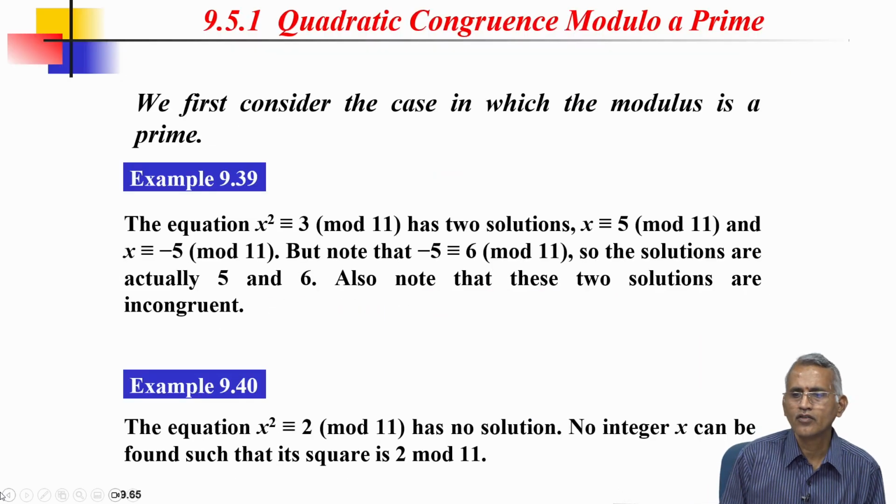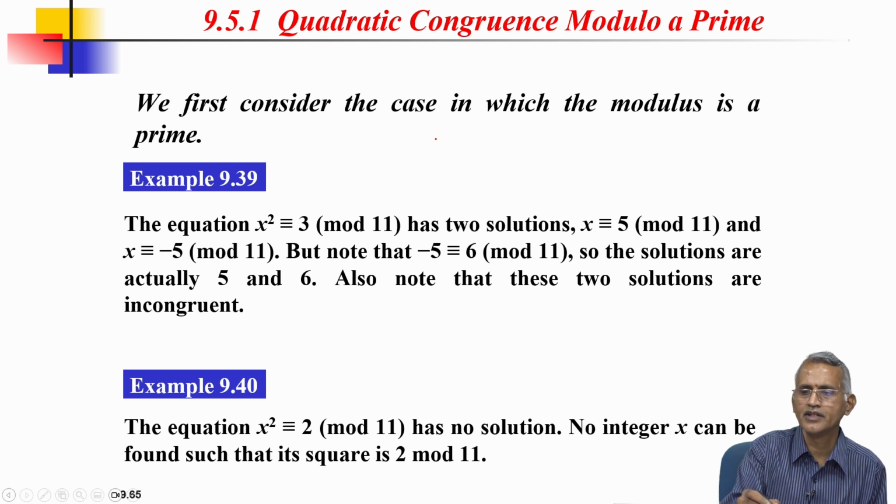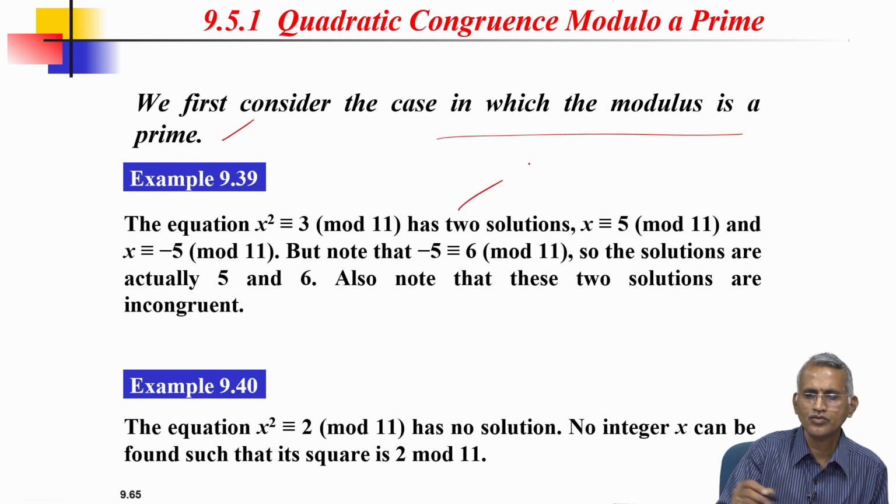For quadratic congruence modulo a prime, we first consider the case in which the modulus is a prime. The equation x square is identically equal to 3 under modulo 11 has two solutions: x equal to 5 under modulo 11 and x equal to minus 5 under modulo 11.